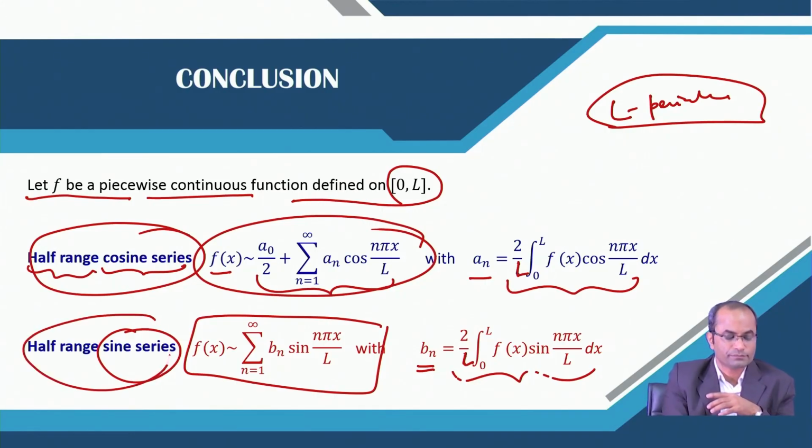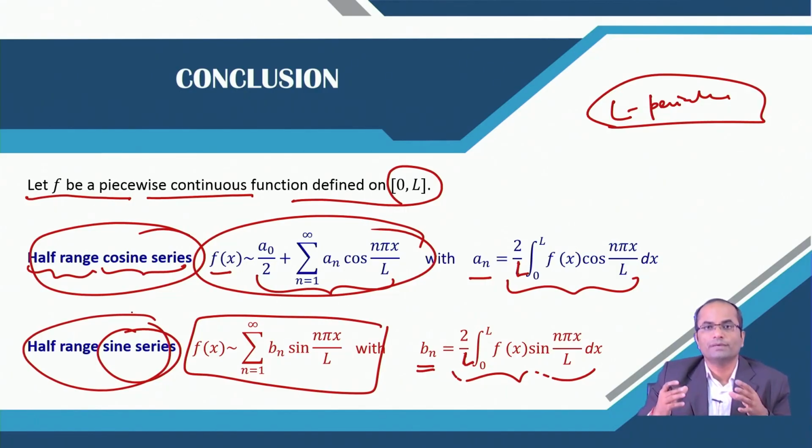Similarly, the half range Fourier sine series will converge to the function having period 2L, and in one period it is defined from minus L to L, and from minus L to 0 we will have the odd extension of the function which is defined in 0 to L. So, I hope the idea of the half range series is clear, which is entirely different from the Fourier series.